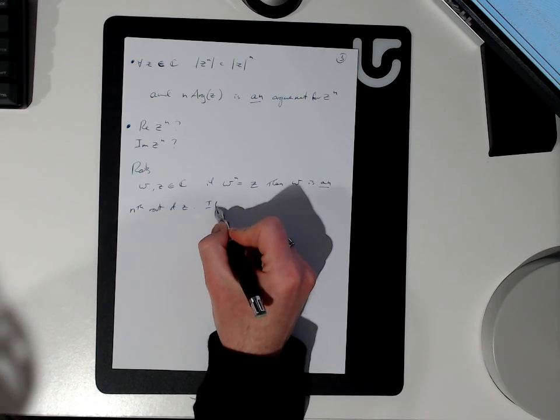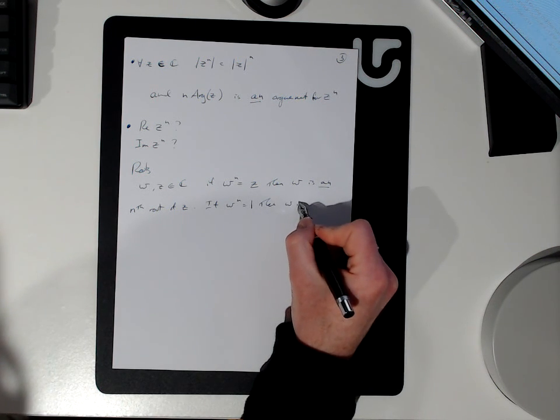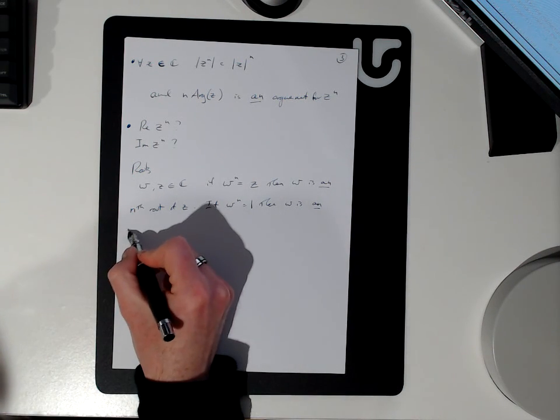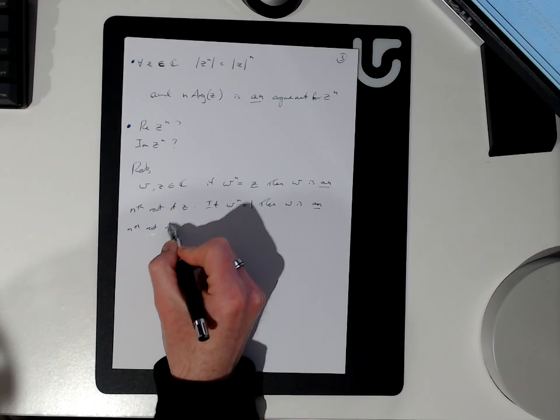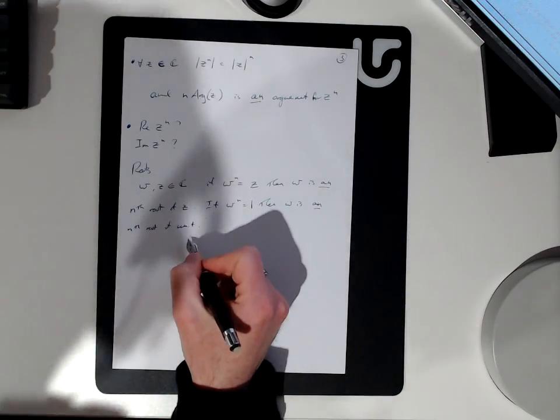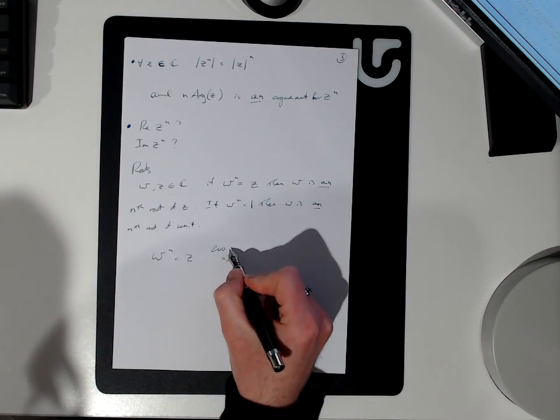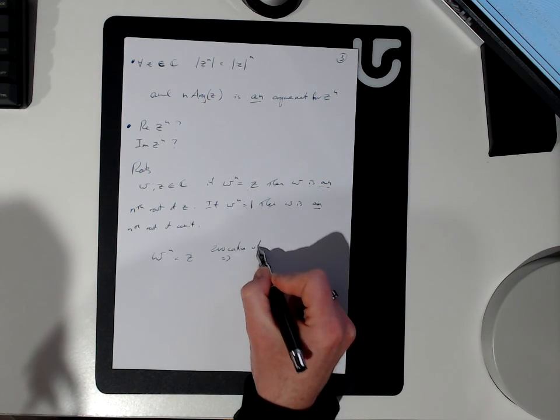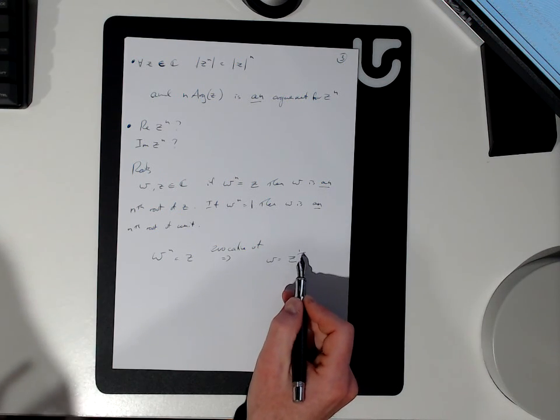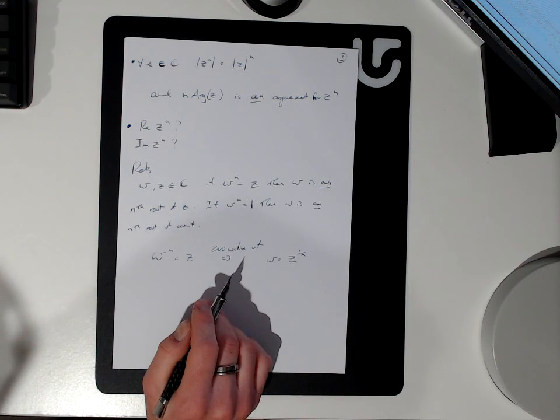So if w to the n equals 1, then w is an nth root of unity, 1 being the multiplicative unit. Except we haven't really told you what z to the 1 over n is, but you can guess. We're going to work through the details.